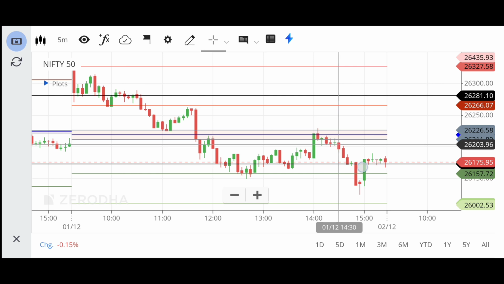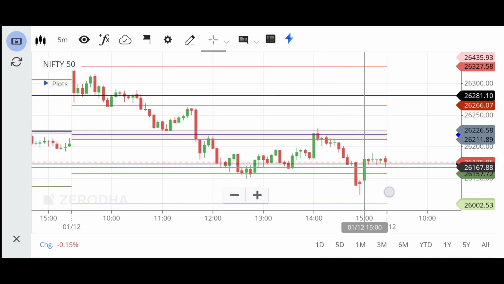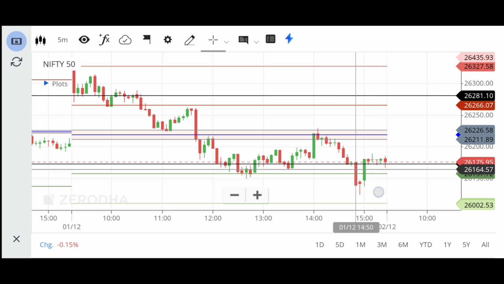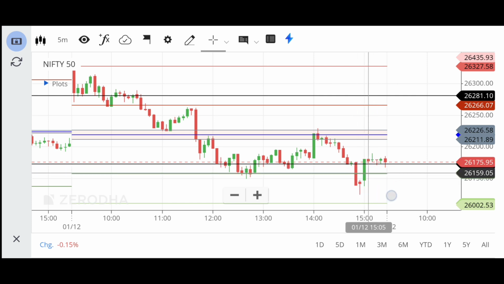So you can buy the 26,200 put option here in this 2:30 candle and make some profit until it reaches the previous day low. Since it is bearish, you can also wait for it to reach this S1.